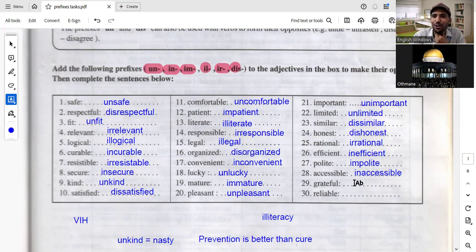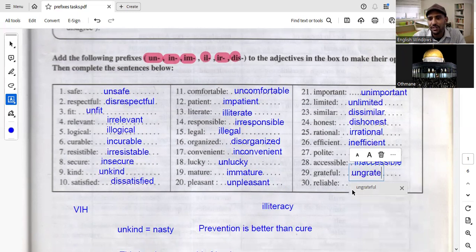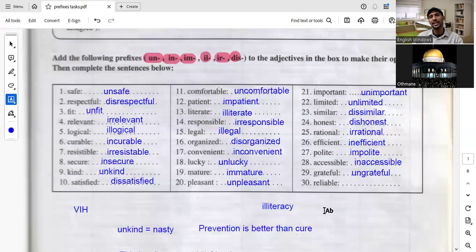Next we have grateful. Ungrateful, right? Very simple one. We say ungrateful. Do you know what it means to be grateful to someone? Great. I'm grateful to you. What does that mean when I say that? Can you explain?